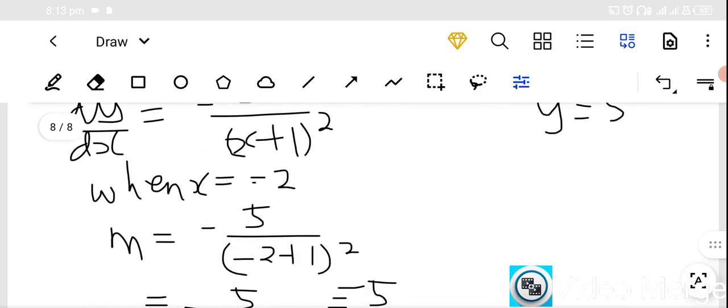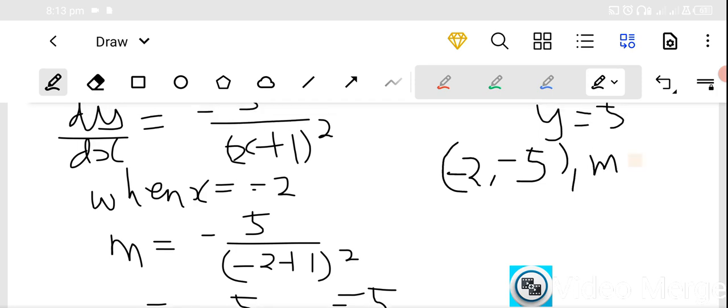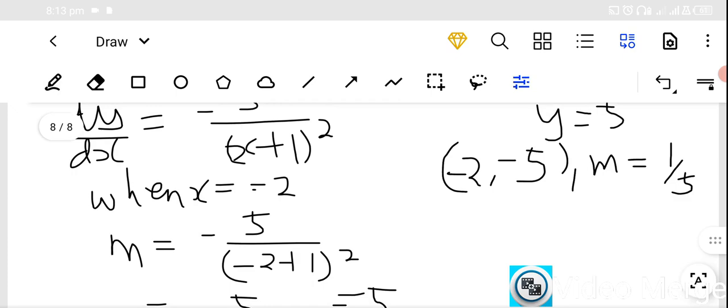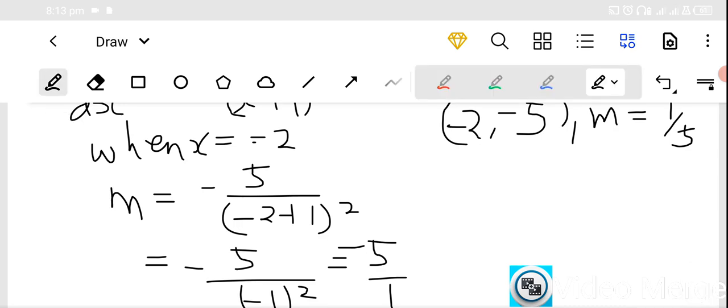The coordinate therefore will be negative 2 comma negative 5, where we're considering m2, which is a positive 1 over 5, equal to positive 1 over 5. So it means that you would have this. Let's just use the slope intercept form.